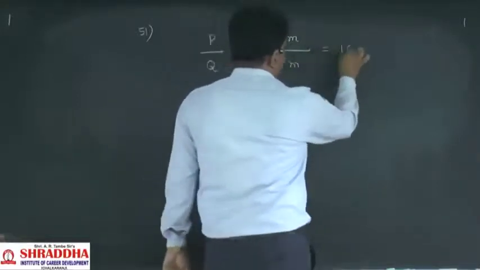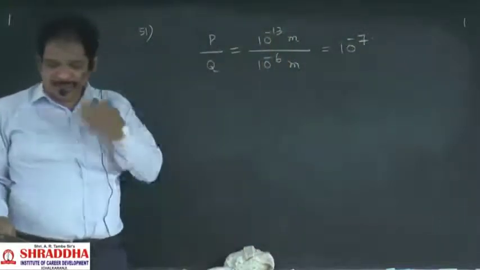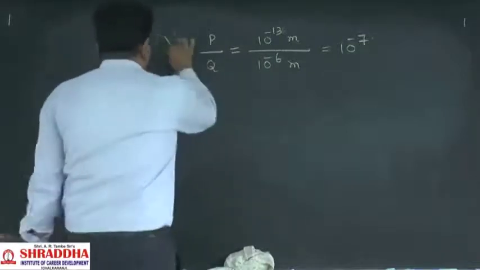This value will be 10 power minus 7. Clear? So 51 will be D.